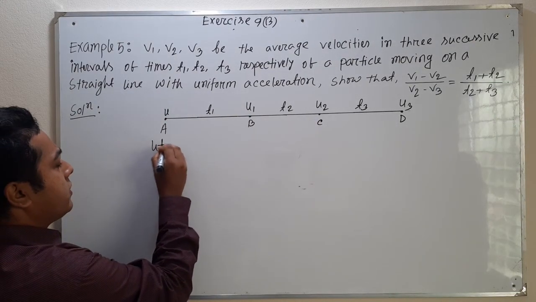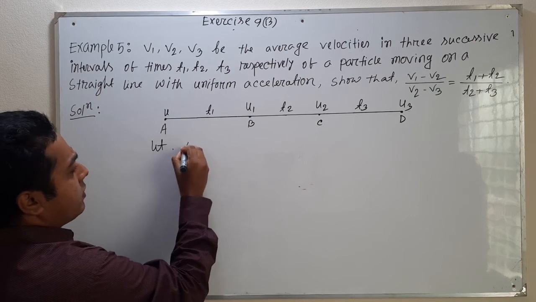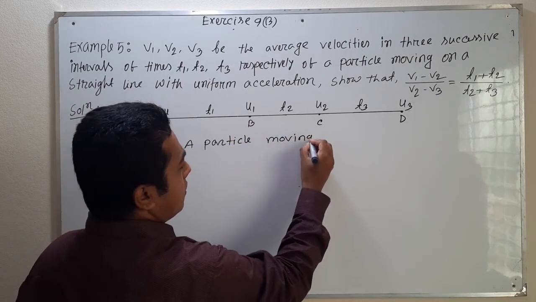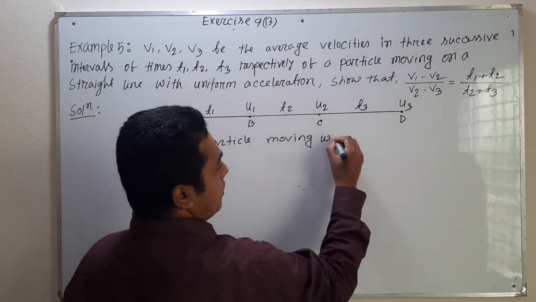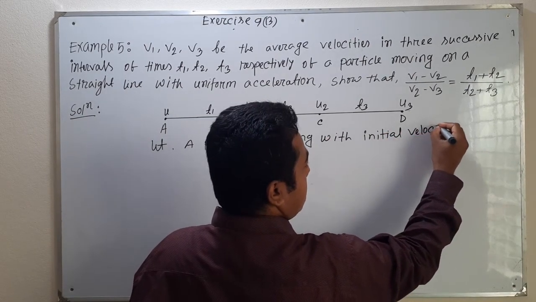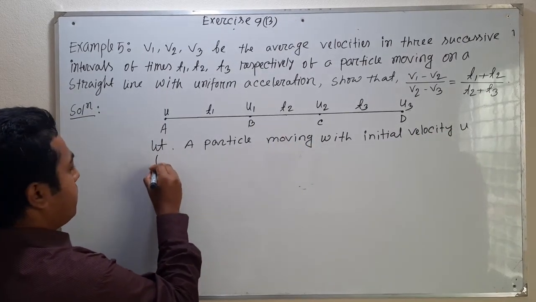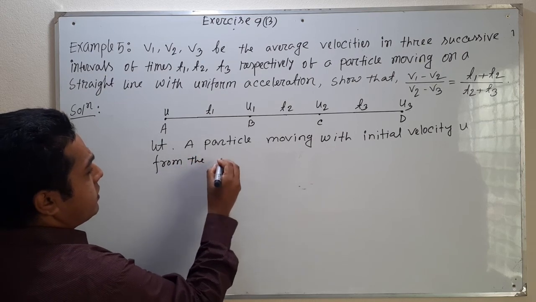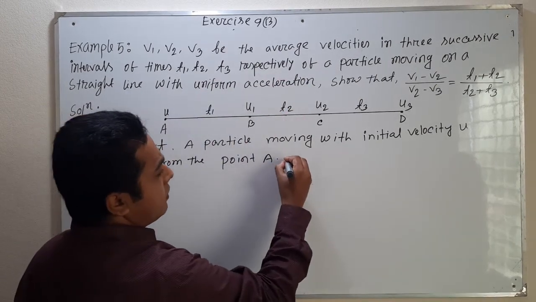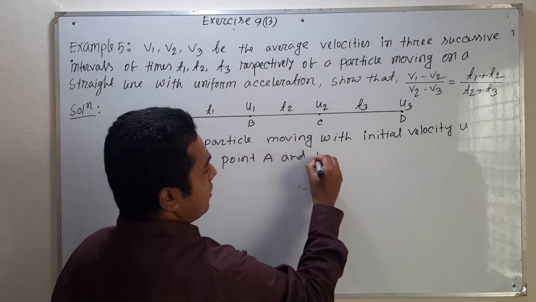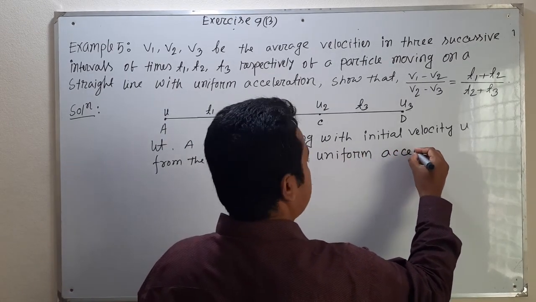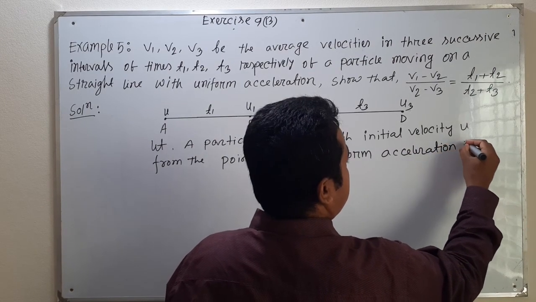Okay, let the particle be moving with uniform acceleration from the point A. Uniform acceleration is f.